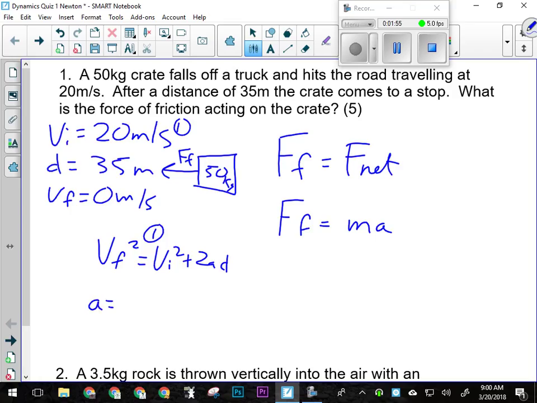Solving for acceleration is going to look like this: Vf squared minus Vi squared over 2D. So that'd be 0 squared minus 20 squared divided by 2 times 35. You can give them a mark for this step here.